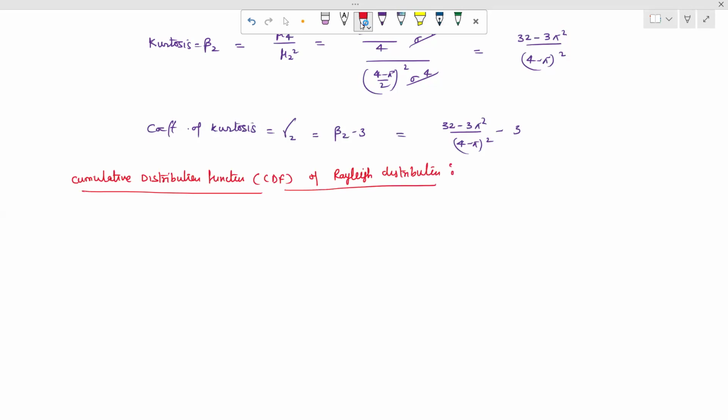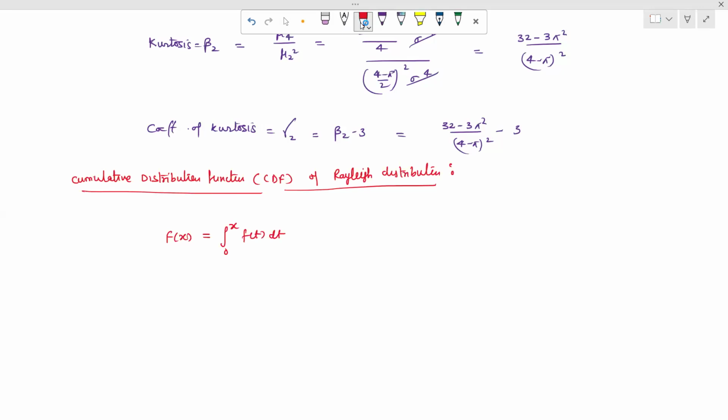So we know the PDF of Rayleigh distribution, and on the basis of the PDF, we can calculate the CDF. The CDF we denote as capital F(x), which can be calculated as the integration from 0 to x, that means probability of X less than or equal to x, of f(t) dt.